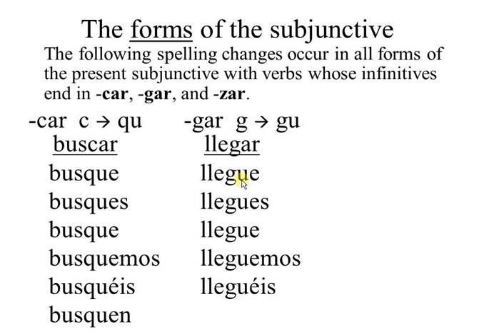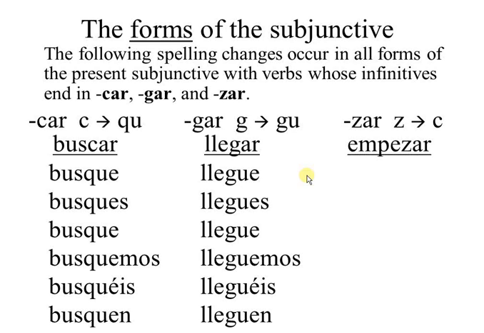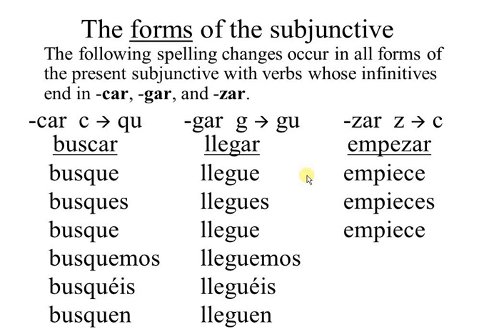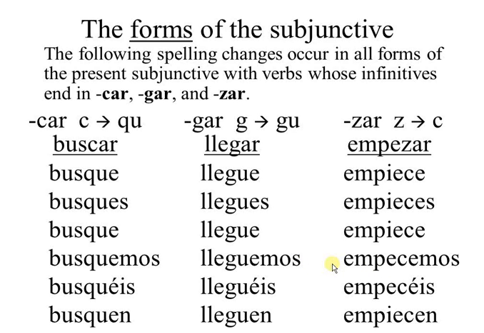Llegue, llegues, llegue, lleguemos, lleguéis, lleguen. Again, change all the forms this time to GU because you have the vowel E here. Otherwise, you're saying yehe if you don't put that U here to make the sound of the G a hard G. ZAR, you change Z to C. Empiece, empieces, empiece, empecemos, because it's a stem changing verb. Remember, nosotros form, we don't change, it's an AR, so don't change in the nosotros form.